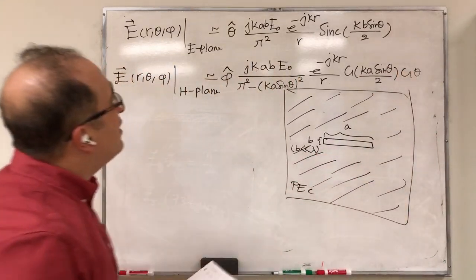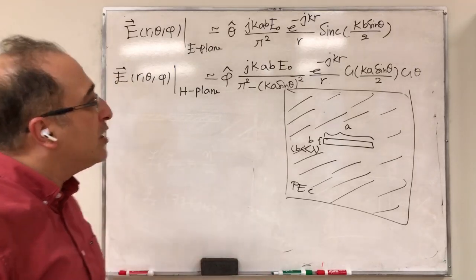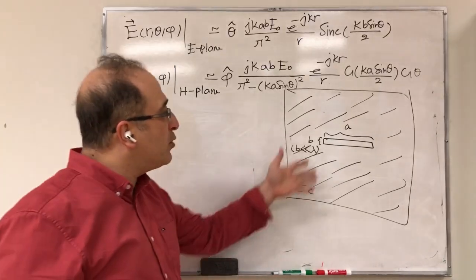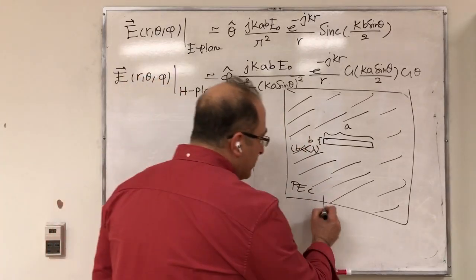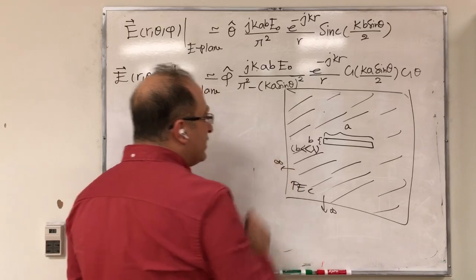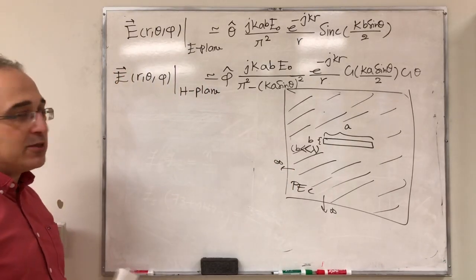So remember, we had these under the assumption that this PEC plane is very large. And we discussed that if there is no PEC plane, this will change. But here we are assuming that this PEC plane is also very large. So that would be our assumption here as well.